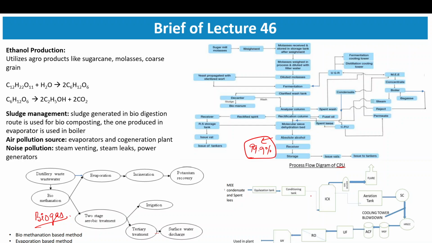Later aeration and other membrane processes, activated carbon filters, and so on are provided so that you can have clean, purified water. Now, if we talk about air pollution from this industry, then air pollution can be from the evaporators.